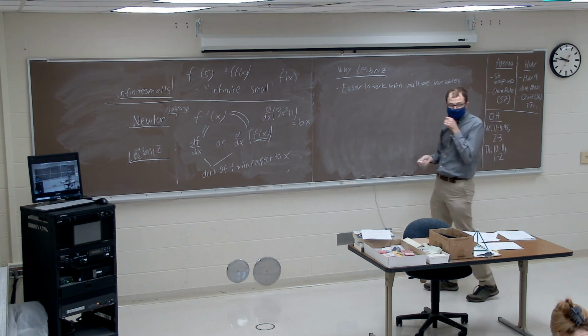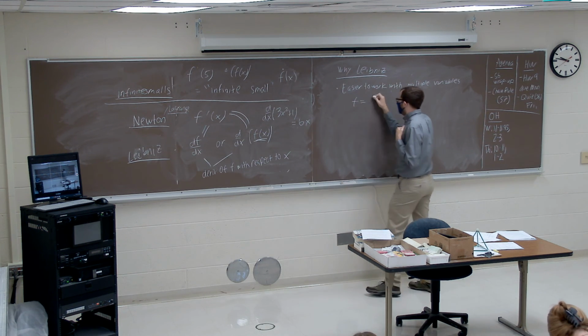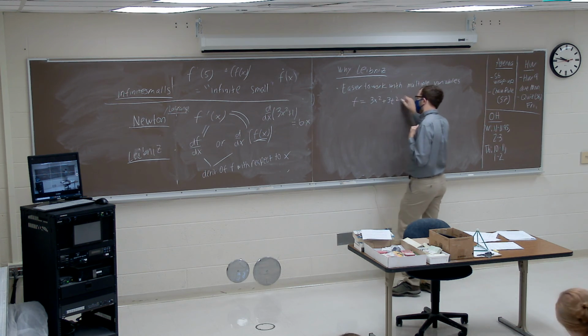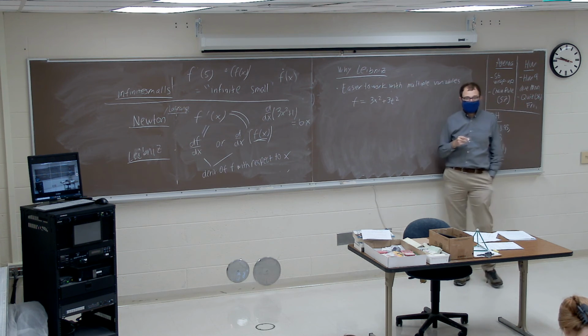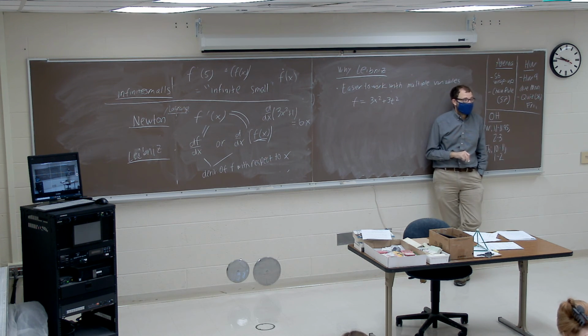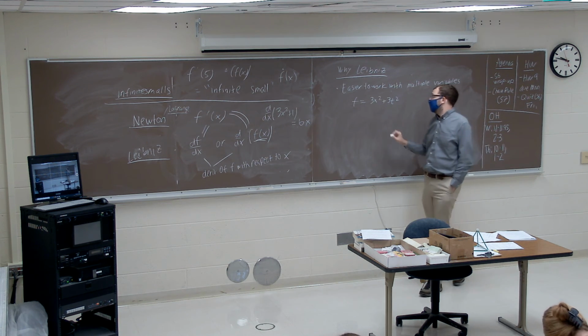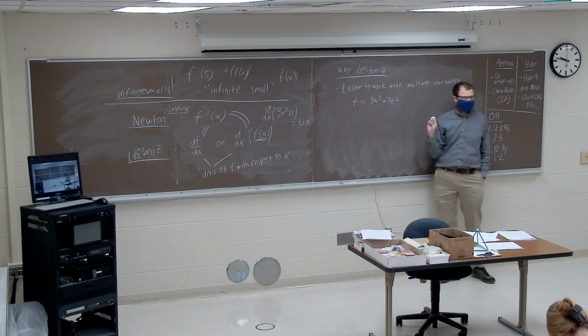So for instance, if we have an expression like f equals 3x squared plus 3t squared, and I told you, let's differentiate this with respect to x, writing out f prime is equal to 6x plus 0, maybe.